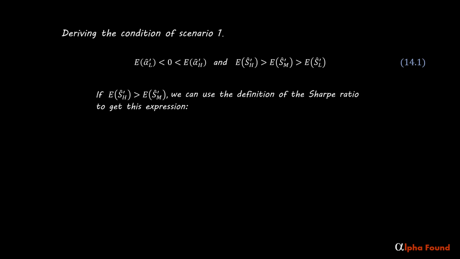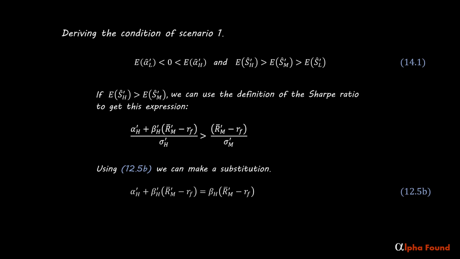If the expected Sharpe ratio of the high CAPM beta portfolio is greater than the expected market Sharpe ratio, we can use the definition of the Sharpe ratio to get this expression. Using equation 12.5b, we can make a substitution.